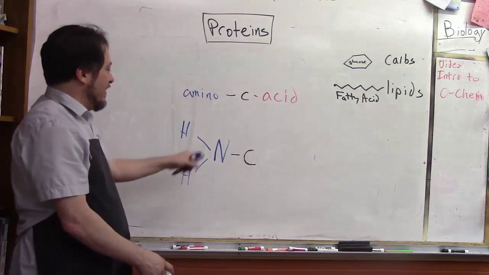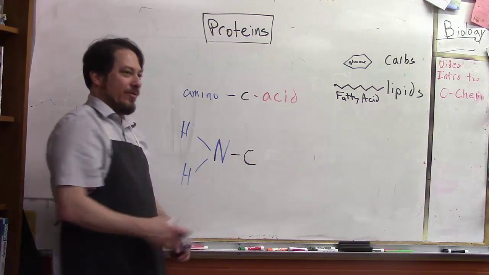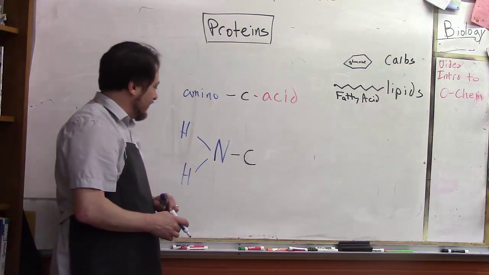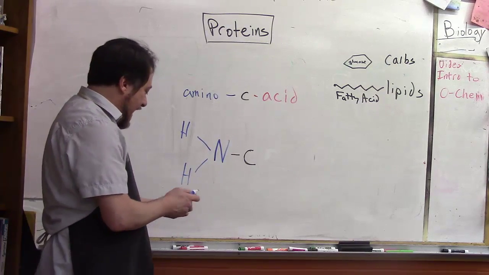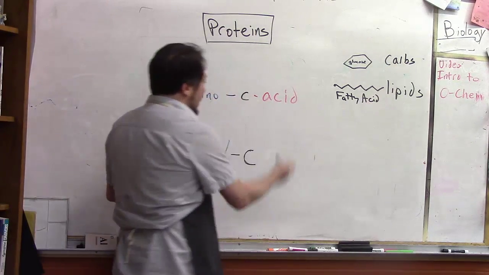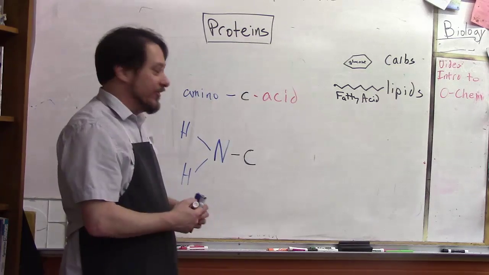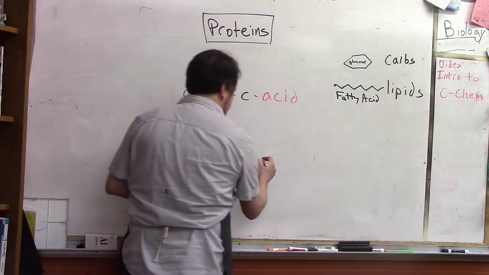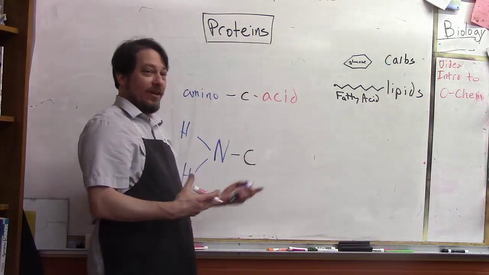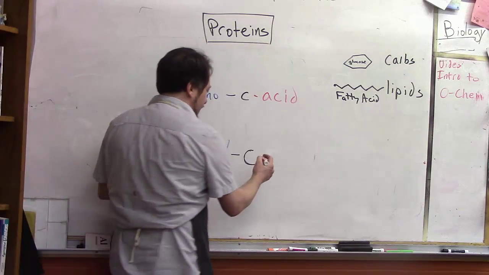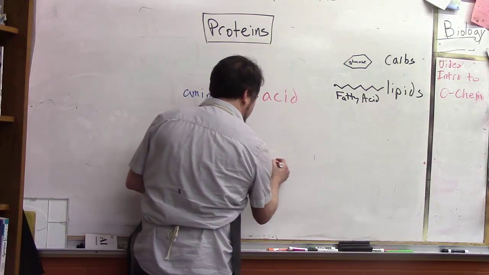Usually in the body, a third one is added on and it's called NH3+, but let's just do it like this because it's the amino group that we learned. And on the other side, we've got an acid. The C is a central carbon, the very center, the chewy center.